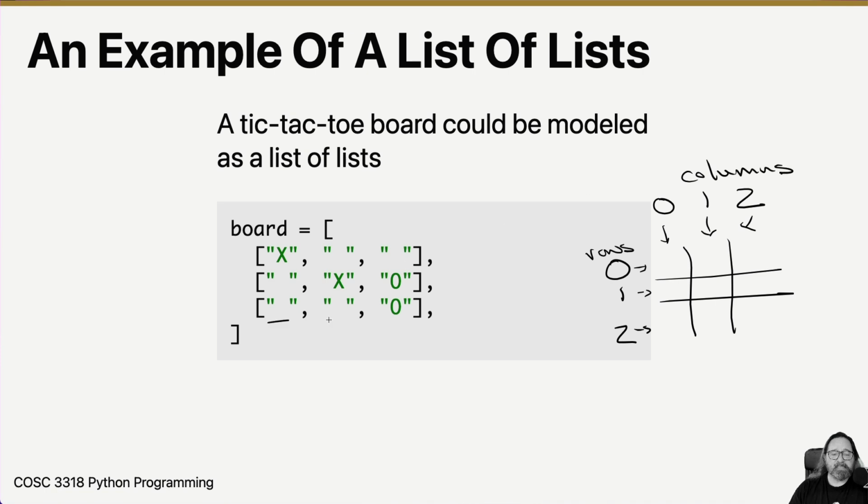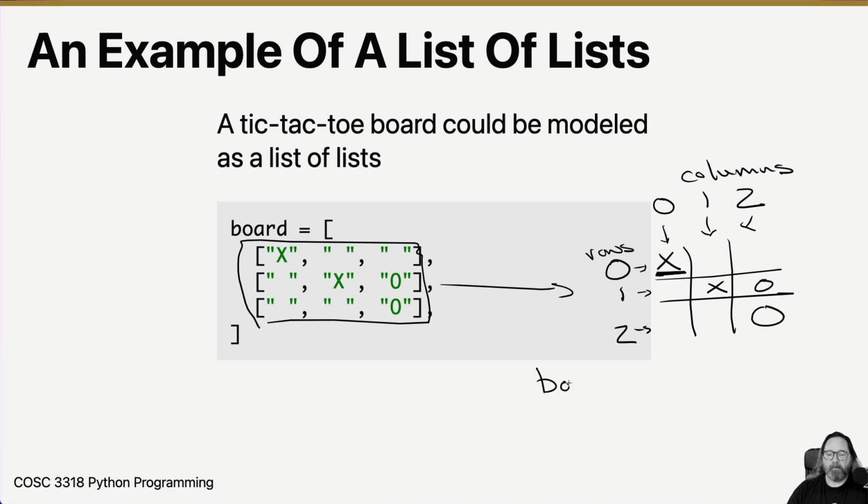And this board right here would be X, X, O, O. You see how that lines up between these two things? So what's this one here? This would be this value right here, that first X. That would be board, and then we look at the row, that's 0, and then we look at the column, that would be 0, like that. So that would end up giving us X.